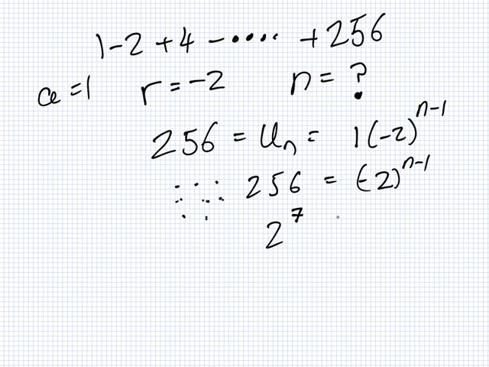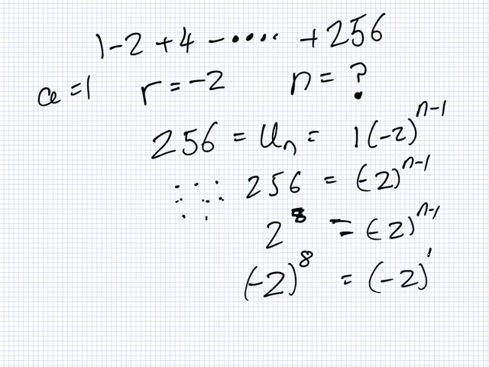Yeah. It's 8. Sorry, 8. But just to make it a bit clearer, 2 to the power 8 is the same as (minus 2) to the power 8, because remember I said last week, if it's an even power, it doesn't matter about the minus. So (minus 2) to the power 8 equals (minus 2) to the power n minus 1. So we can see n must be 9.